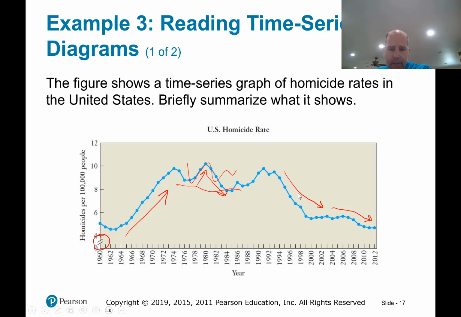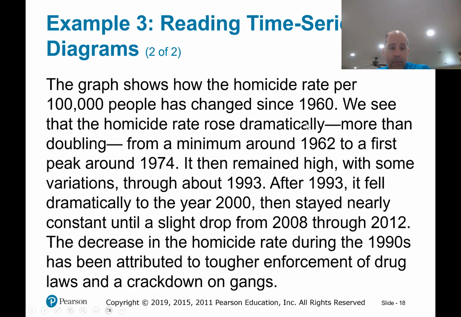There are a lot of interesting things here that would raise questions. Obviously, a common question would be, what caused these to happen? What was going on? The graph shows how the homicide rates per 100,000 people have changed since 1960. We see that homicide rates rose dramatically, more than doubling from a minimum around 1962 to a first peak around 1974.